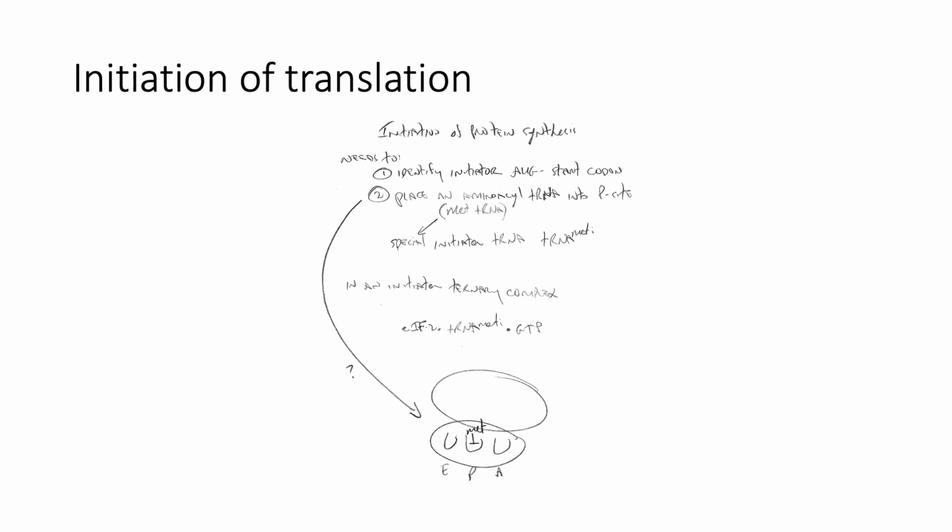So the first piece of this is that the initiator transfer RNA is a little bit different in structure than any of the other aminoacyl tRNAs. In fact, it's referred to as the initiator transfer RNA, and if you look, I have written in the middle special initiator tRNA.